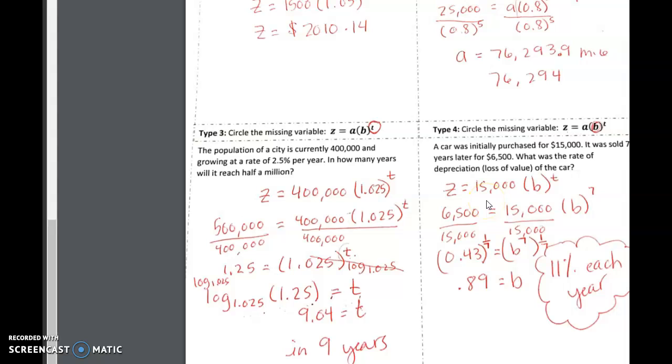If we were talking about the tuition example, it would be initial tuition in 2015 times whatever b to the t is equals z. So you would have the initial tuition of 2015, and then you can plug in the tuition of 2016. And then lastly, how many years has it been from 2015 to 2016?